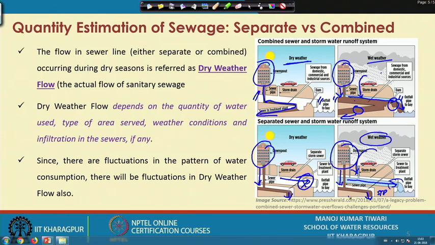That is how the two systems are conceptualized: the separate sewer and stormwater runoff system and the combined sewer and stormwater runoff system. Each has its own advantages and disadvantages.